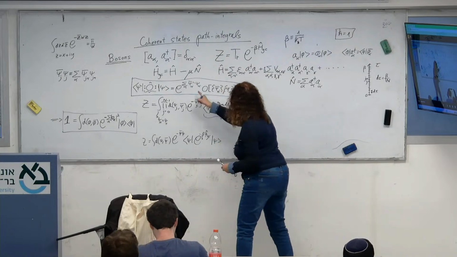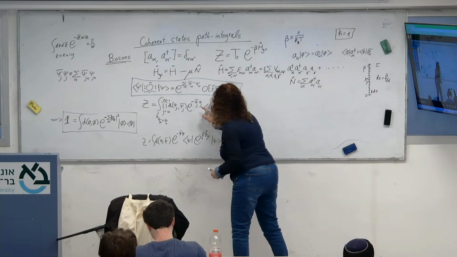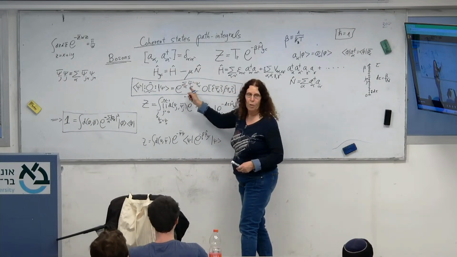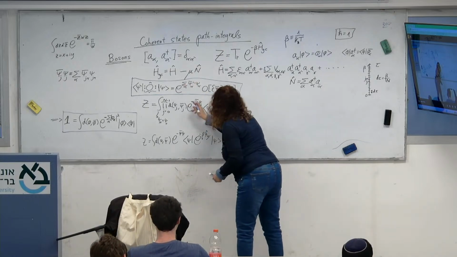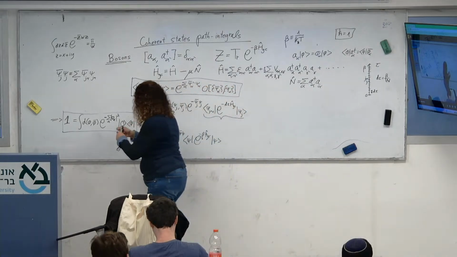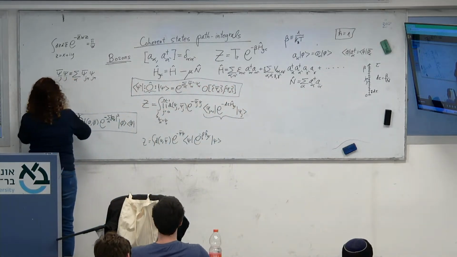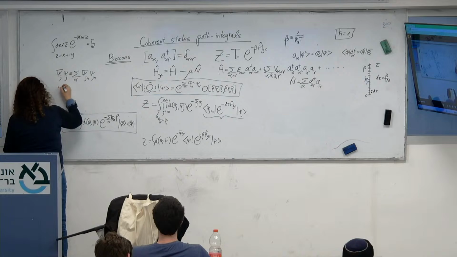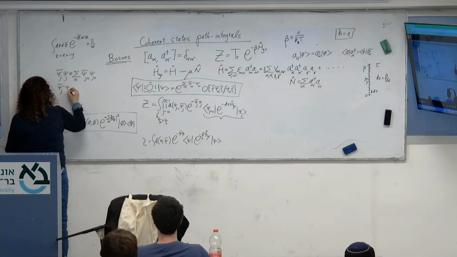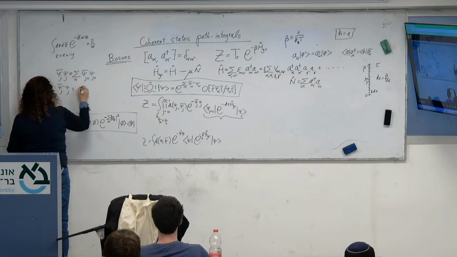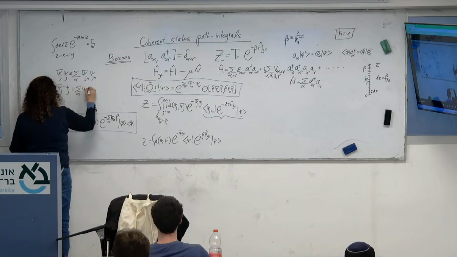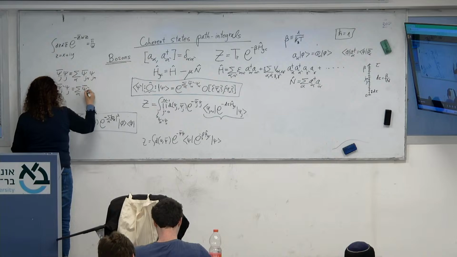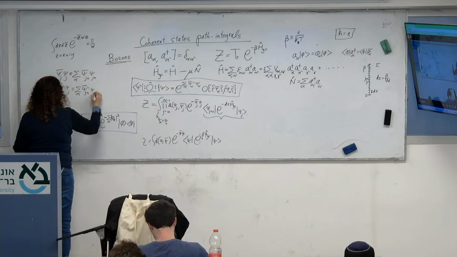I'm just applying the formula, and I use the definition, actually, we can even write something more general here, which is psi j prime bar psi j, the sum over alpha of psi j prime bar alpha psi j alpha.